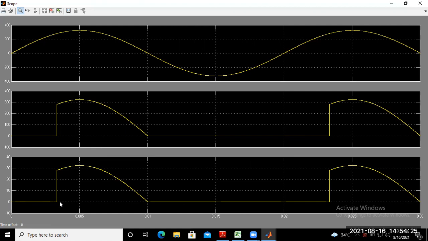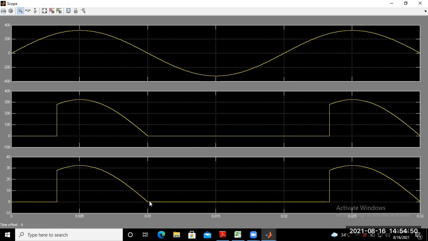So from 0 to 60 degree, no output voltage we obtain. So we also see that no output current flows through the 0 to 60 degree angle. Okay, and at this instant when you provide the gate pulse and the thyristor starts conduction, then output current starts to flow, the same as the output voltage waveform up to pi.